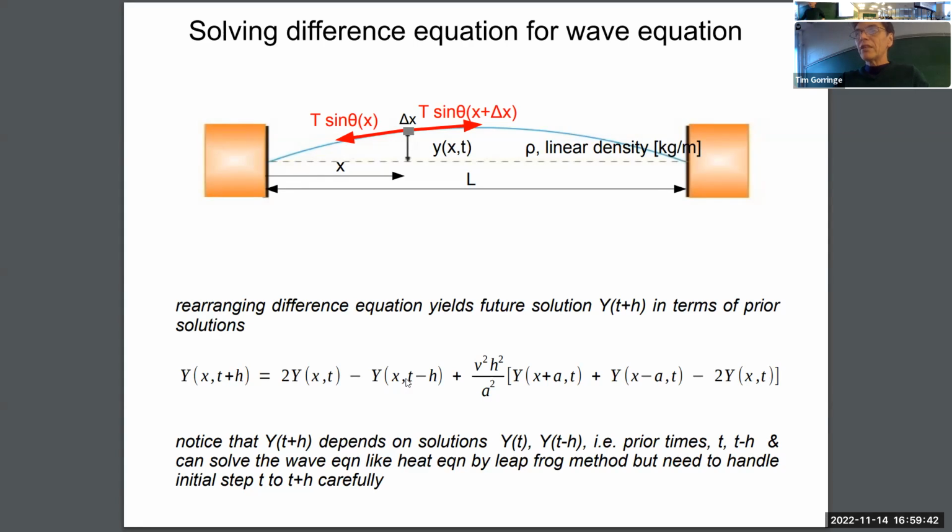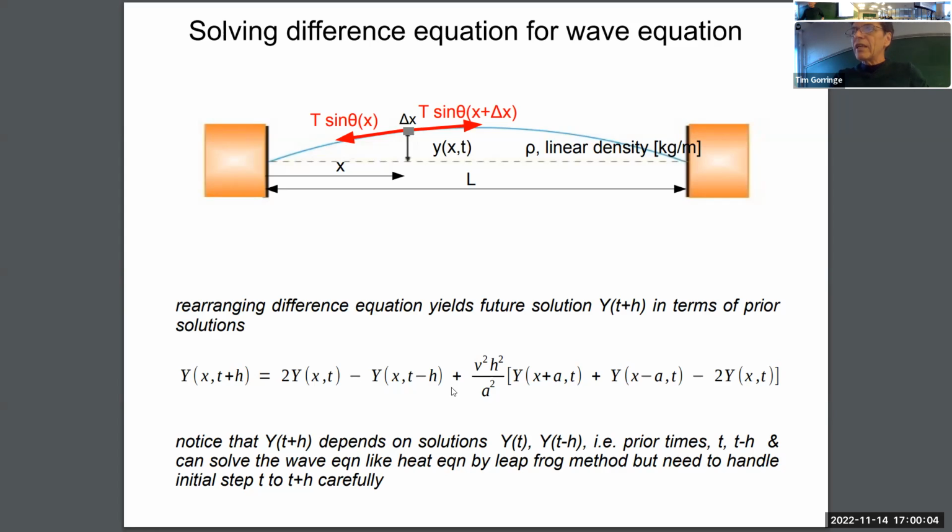We also see it at an even earlier time, t minus h, because that difference equation from the prior slide had the function at time t, and it had the function at a time t plus h later, and a t plus h and a t minus h earlier. So that's something that's new.